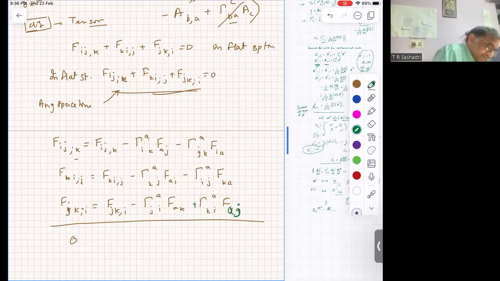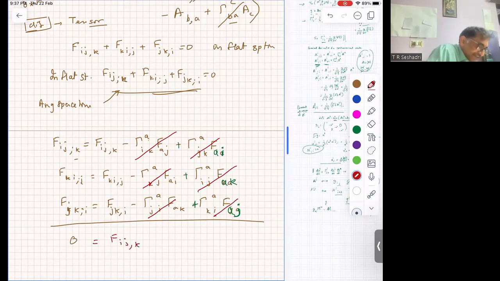Similarly, a plus sign AK, and again a plus sign AI. And then I find since J and K are symmetric in gamma, this cancels out, this cancels out, and this cancels out. So it boils down to exactly like the flat space equation.